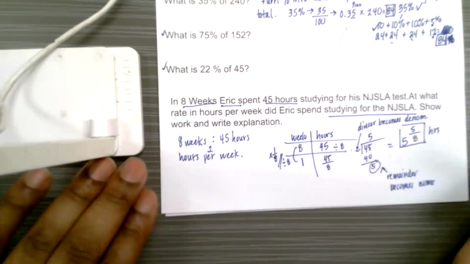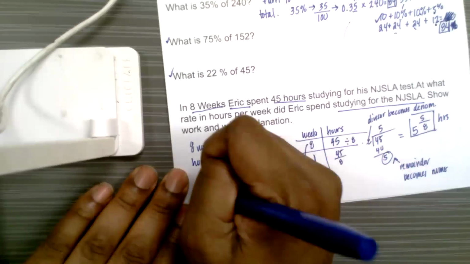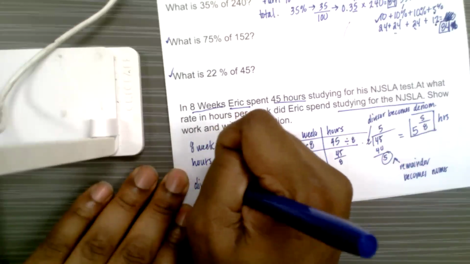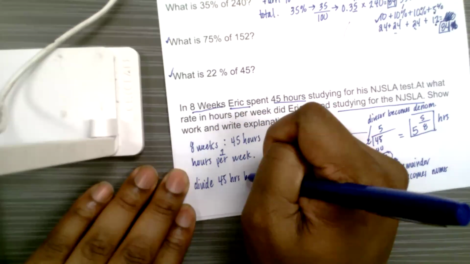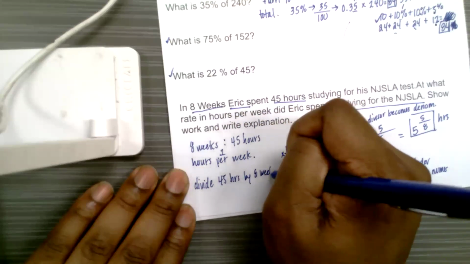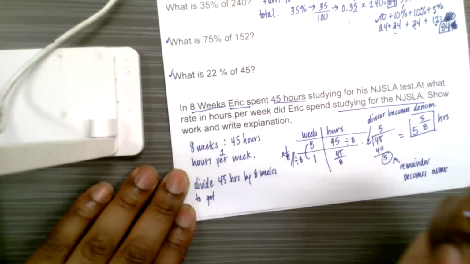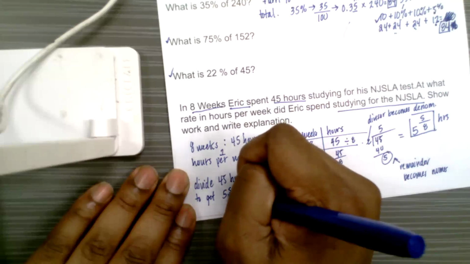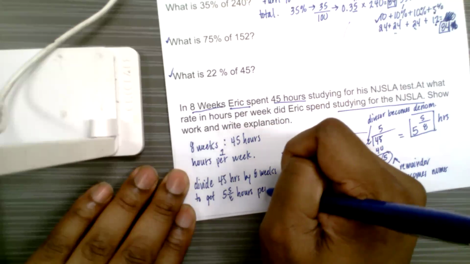So how did I figure that out? I divided 45 hours by 8 weeks to get 5 and 5/8 hours per week.